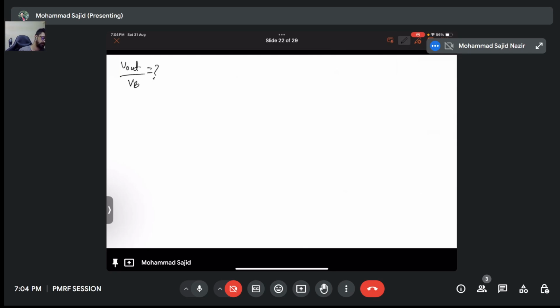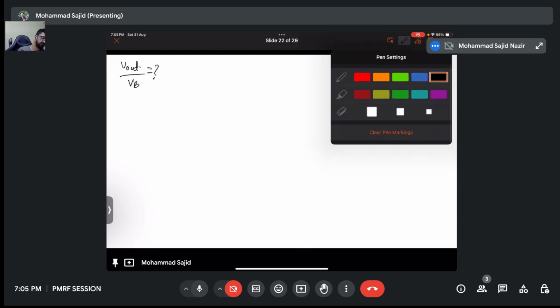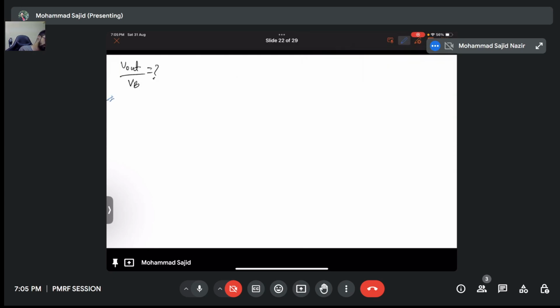Okay, now nodal analysis at the output node.